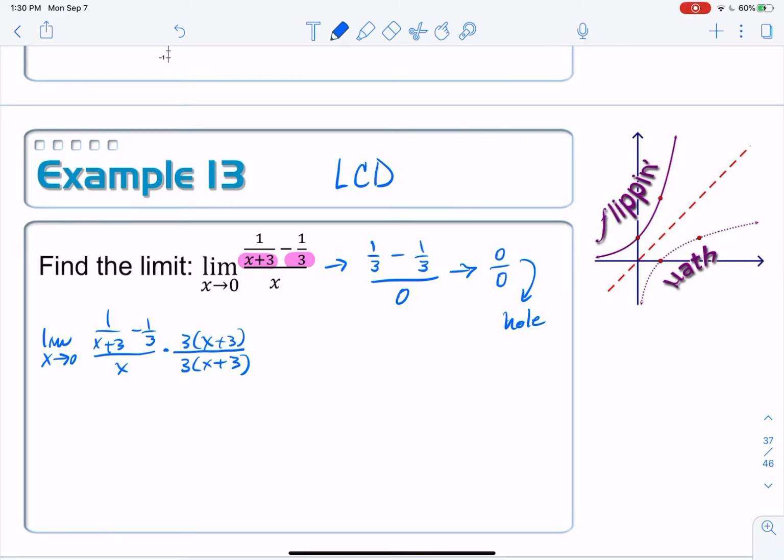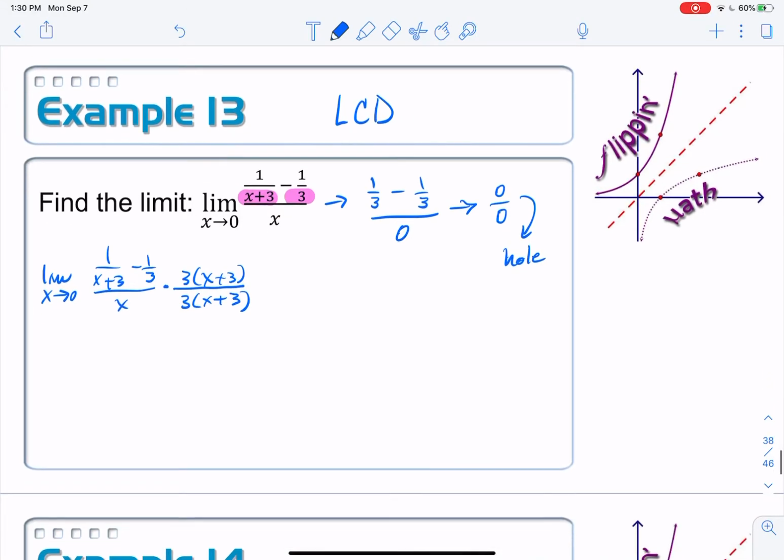When I go to distribute here, I have to multiply this 3 times x plus 3 times both of these things. Since that can get kind of complicated, I'm going to write out those steps explicitly. If you're comfortable with the algebra right here, you do not have to do that. You're under no obligation.